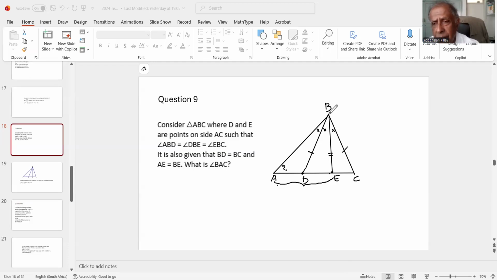Whenever you draw an isosceles triangle from the vertex, in other words, where the two equal lines meet, you either bisect that angle, or you draw the median, in other words, you draw it to the middle of the base, or you draw a perpendicular. Any one of those three things, then all three things are satisfied. In other words, if I draw a perpendicular, then this is bisected and that angle is bisected. If I bisect this angle, these two angles are equal and these two sides are equal.